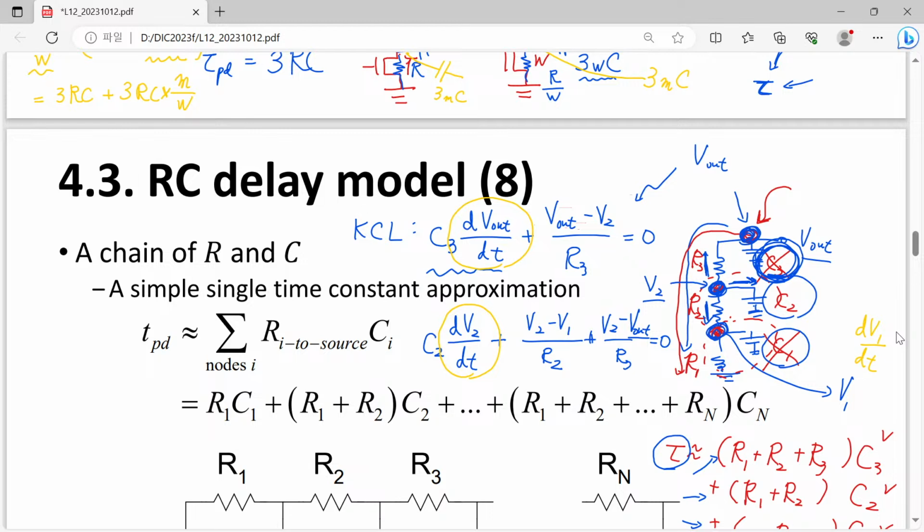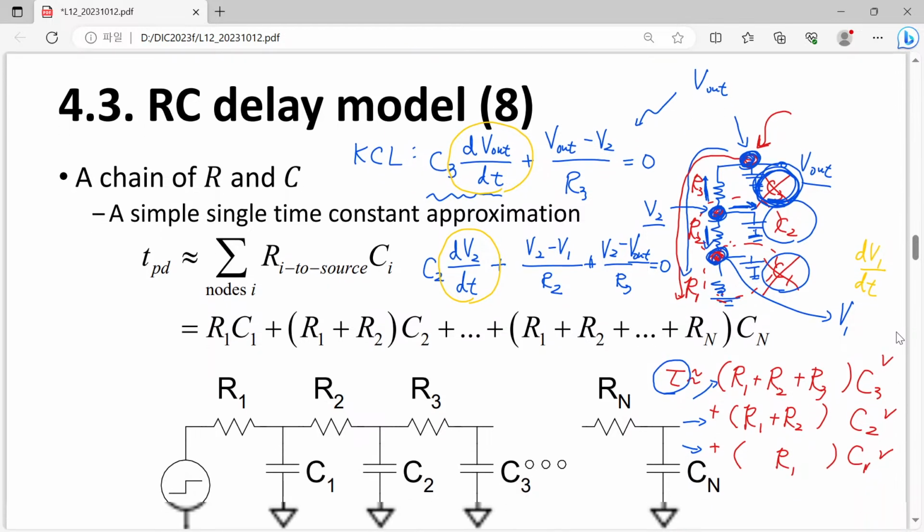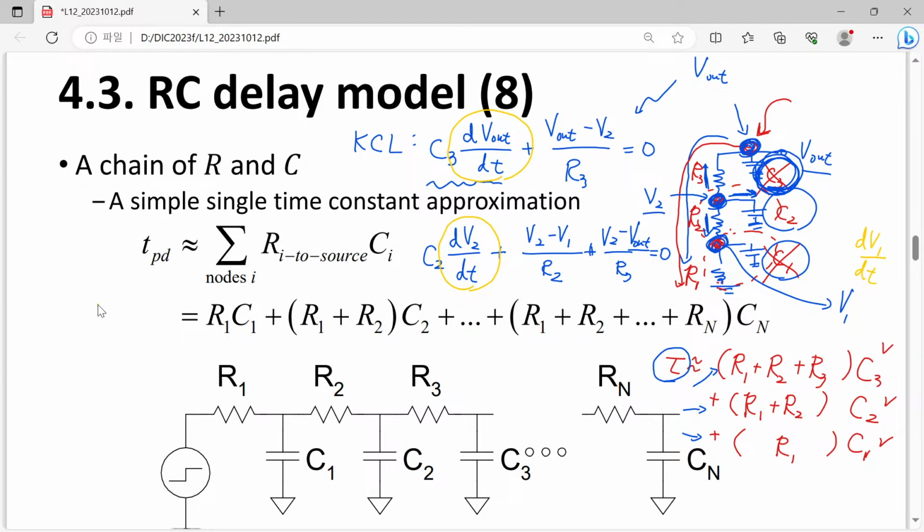In general it becomes quite complicated, but fortunately we can make this kind of approximation. Of course, nobody argued that this is an exact expression. It is just an approximation.